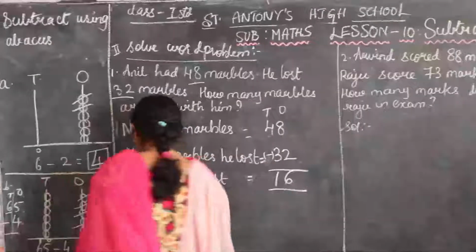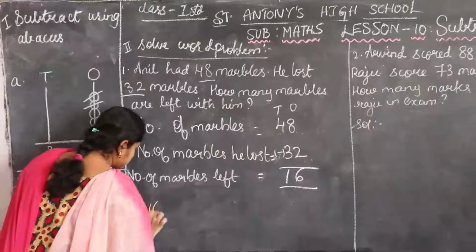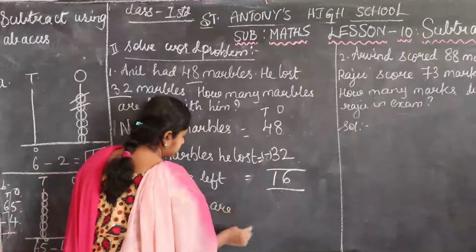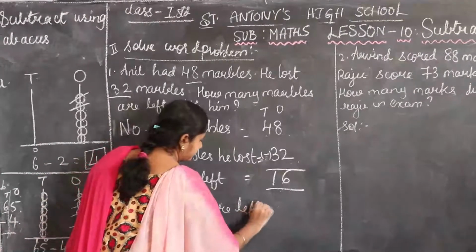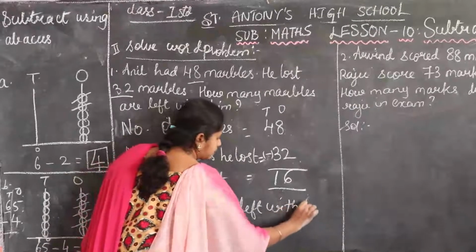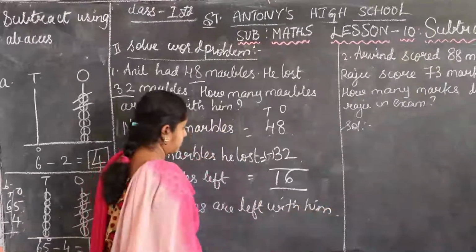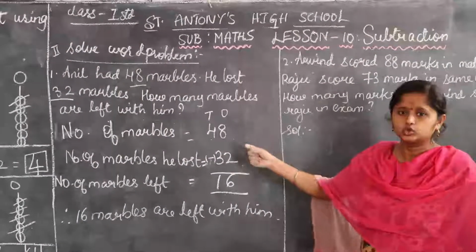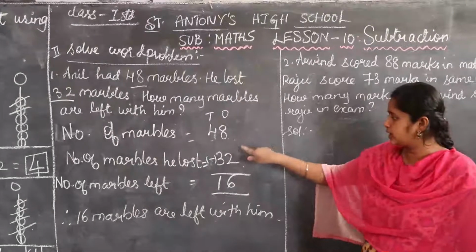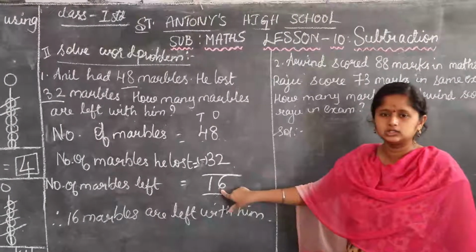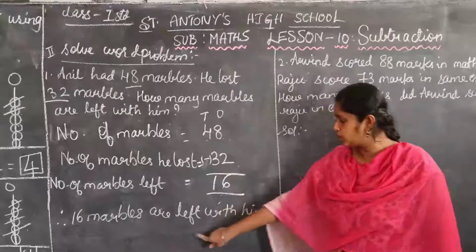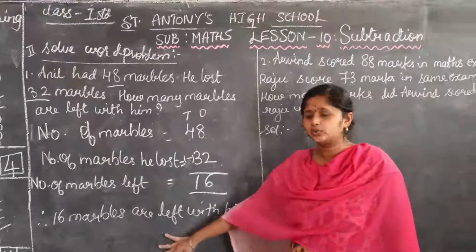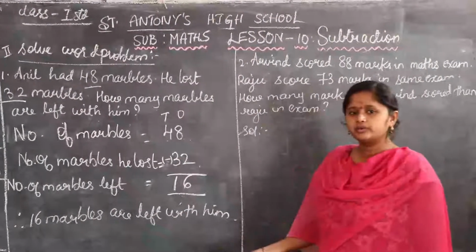Therefore 16 marbles are left with him. He lost 32 marbles. So if we subtract 48 minus 32, we get answer 16. After losing 32 marbles, 16 marbles are left with him.